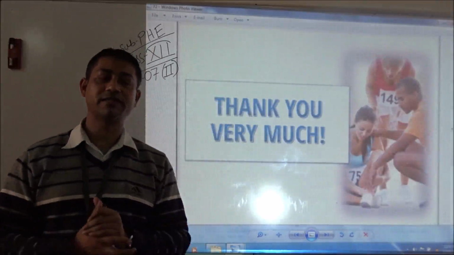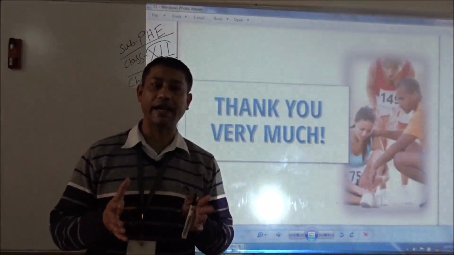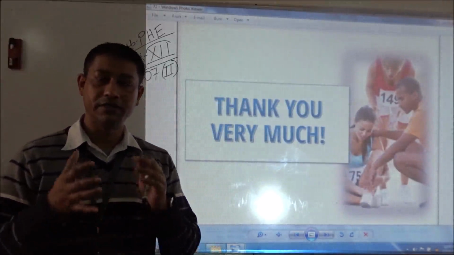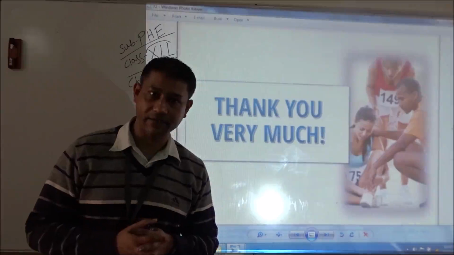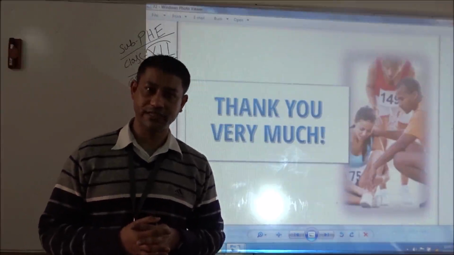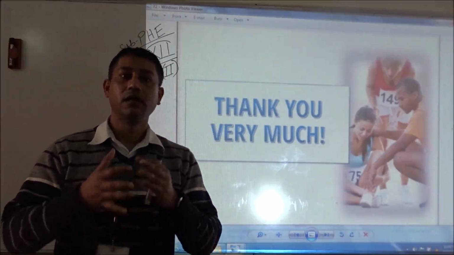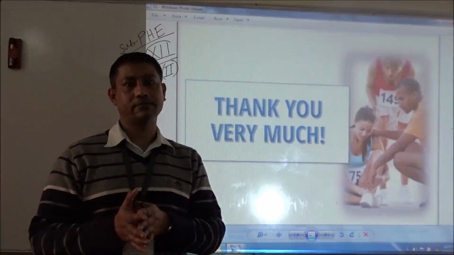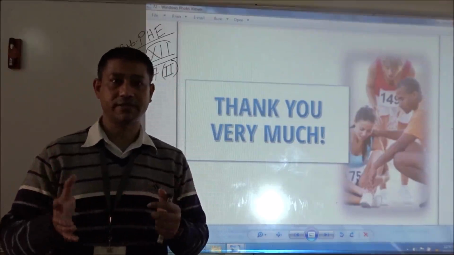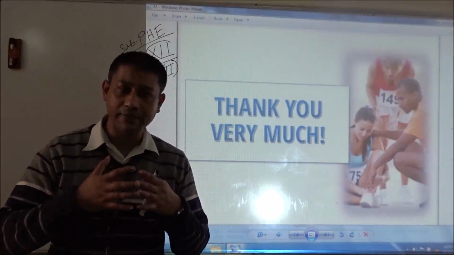So with this, students, I come to the end of this chapter, that is chapter 7, Physiology and Injuries in Sports. Today we have covered the second part of the chapter, that is injuries and types of injuries.